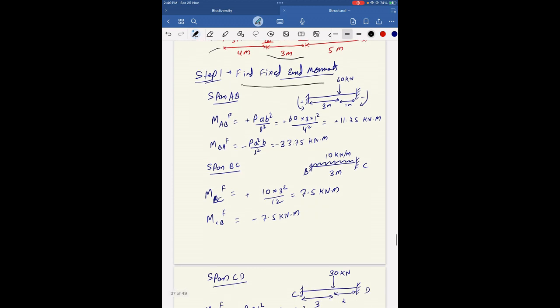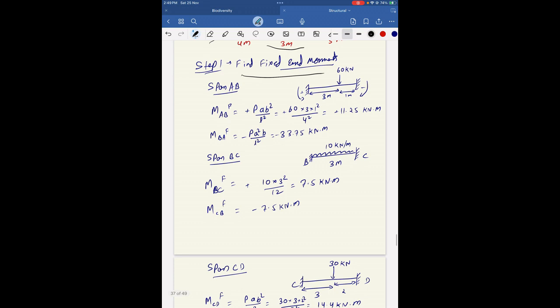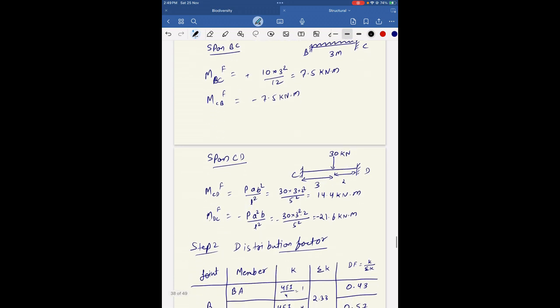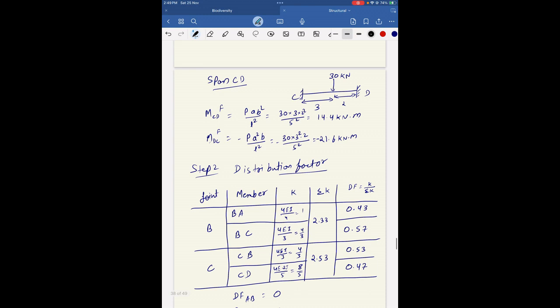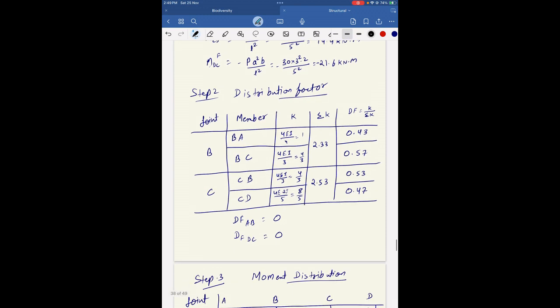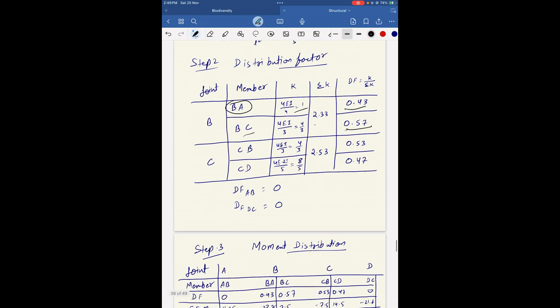So for this we have to find the fixed end moment on all the spans. Then the distribution factors: at BA the distribution factor is 0.43, at BC 0.57, at CB 0.53 and 0.47.